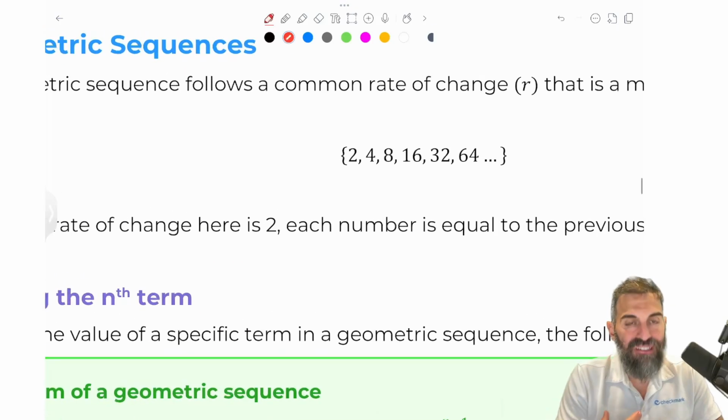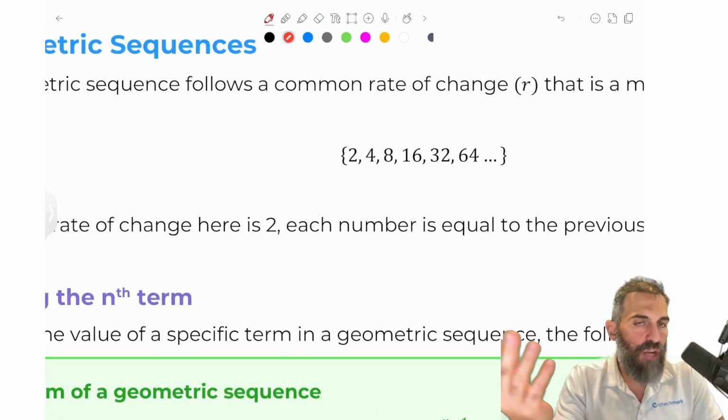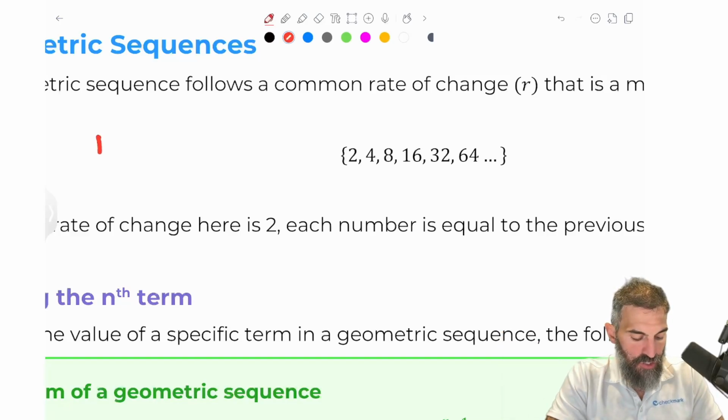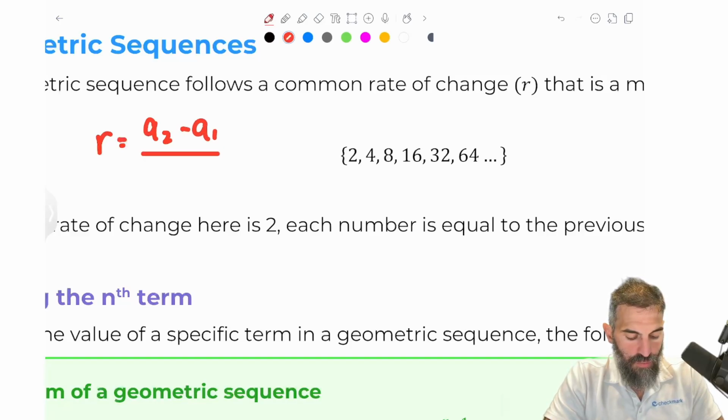But if it was less obvious, like if you're looking at this and saying, how do I know it's times 2? To find your rate, take A2 minus A1 over A1. It's a percentage change.